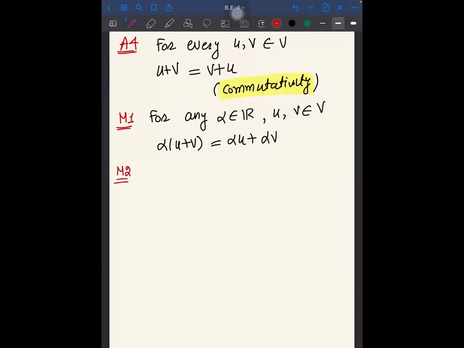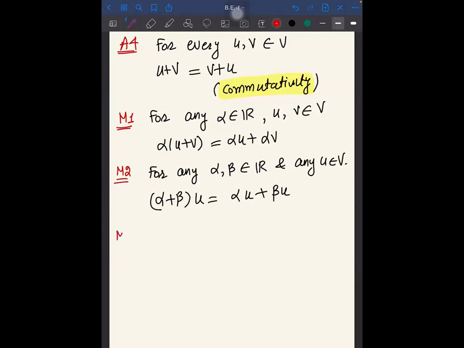And there is another property M2, and that's what? For any alpha, beta belonging to R and any u belonging to V, if you take (alpha plus beta) times u, it should be equal to alpha u plus beta u.